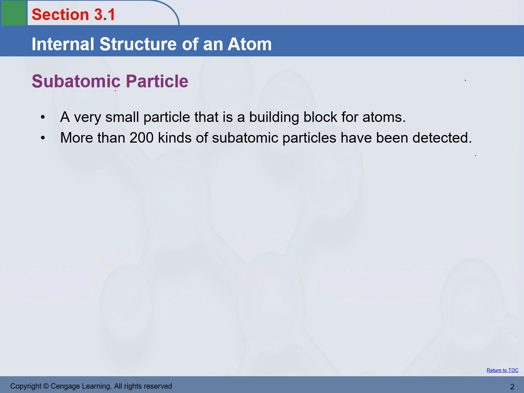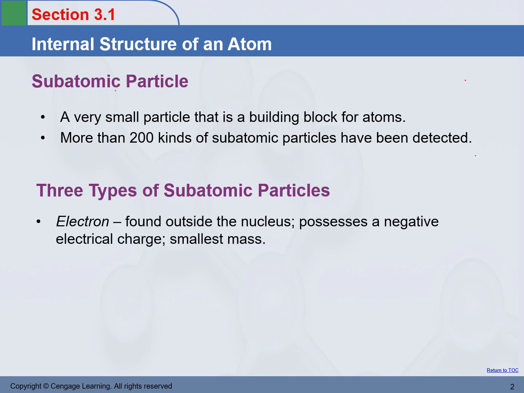So far, more than 200 kinds of subatomic particles have been detected. Luckily for us in this class, we only need to focus on 3 of them. Those 3 types of subatomic particles are electron. An electron is found outside the nucleus.